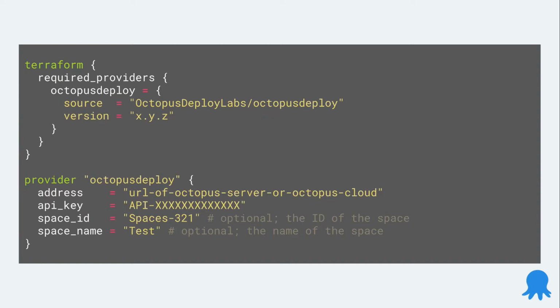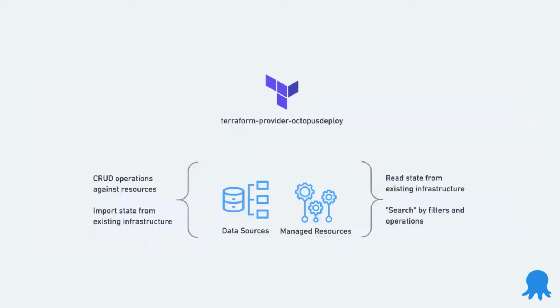Now, before we start looking at other examples, I need to explain one thing about Terraform. Terraform works on two different types. So Terraform defines what are called data sources and what are called managed resources. The literature calls it resources for short. We define it as resources for short. But essentially what they are is a data source basically allows you to read state from the infrastructure and then provide search criteria against that state and then provide operations against them.